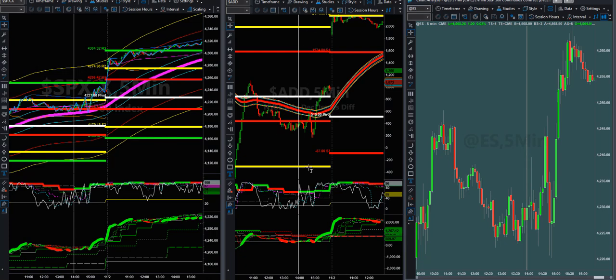Now these are floor trader levels. Every software has it, and this is trade session, so you can just simply get to those by adding those studies. So we are using SPX, using ADD, and we are using ES as the impacted instrument.